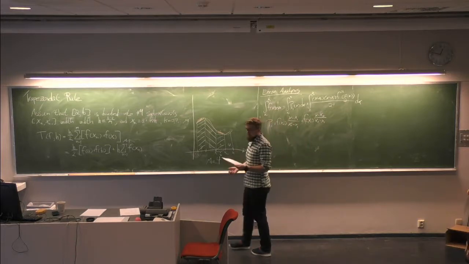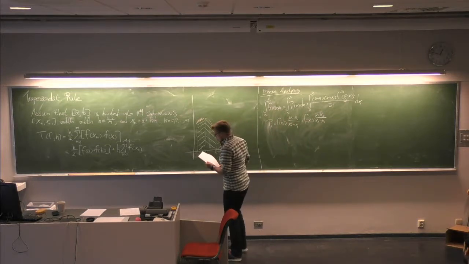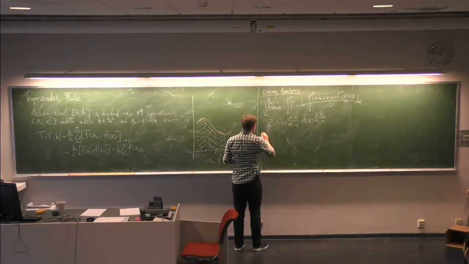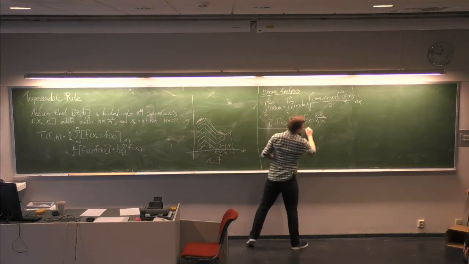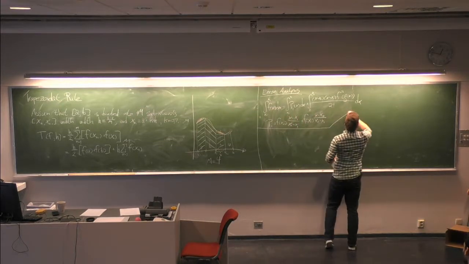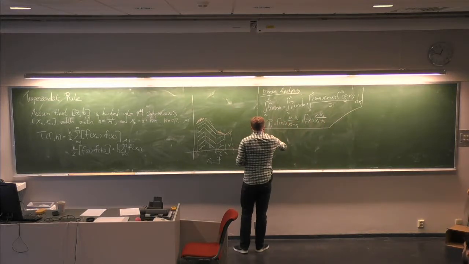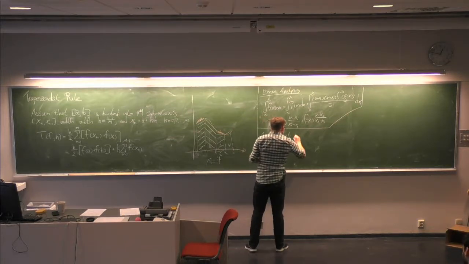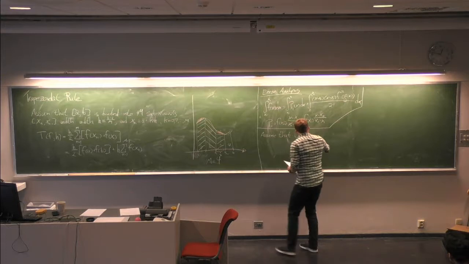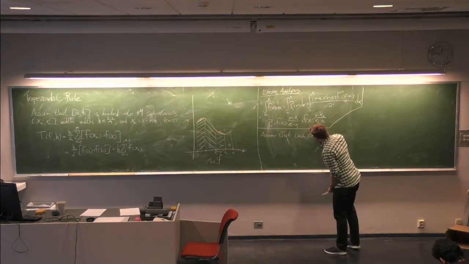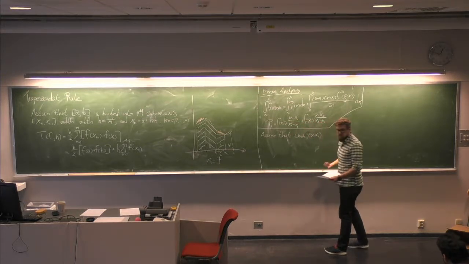And then we'll do some assumptions to make it easier for ourselves. We will assume that x minus x0 times x minus x1 doesn't change sign.